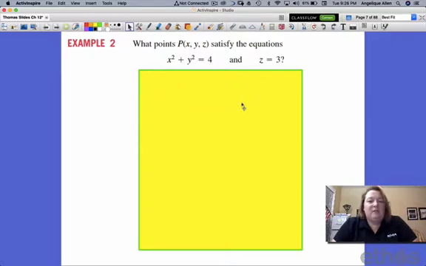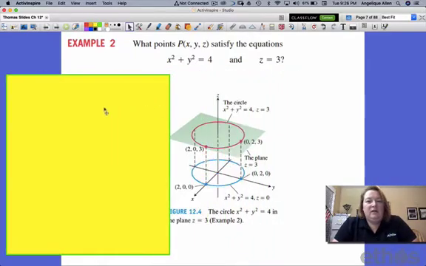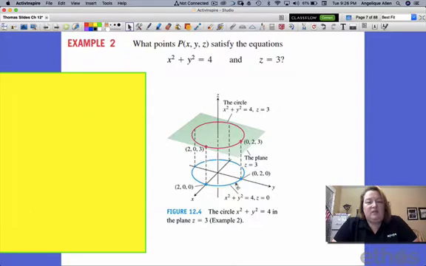All right, so if you're returning, here's a great picture of this. You see we talked about the circle in the xy plane with a radius of 2, and then requiring z to be 3 means that we have to shift the blue circle up 3 units above the xy plane to be floating above here at where z equals 3. So if we didn't leave z equals 3 in there, if we just looked at this in only 2 dimensions, it's a circle.